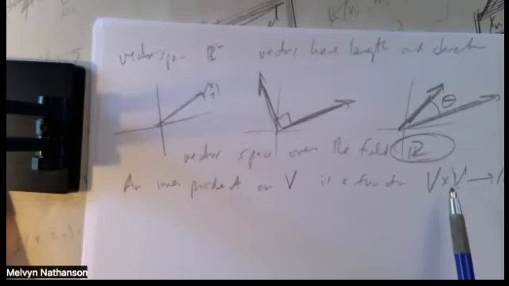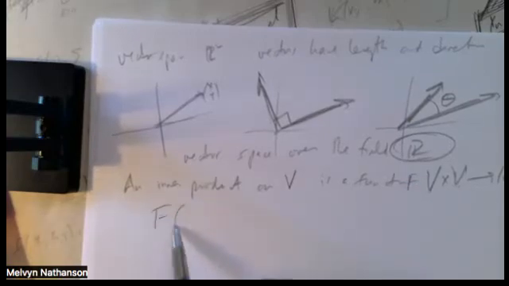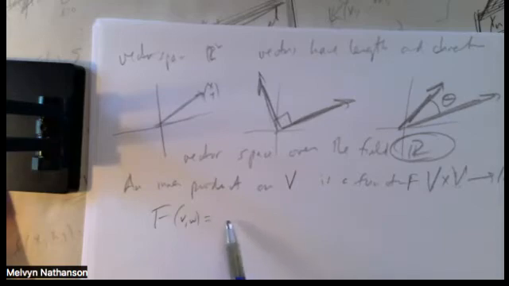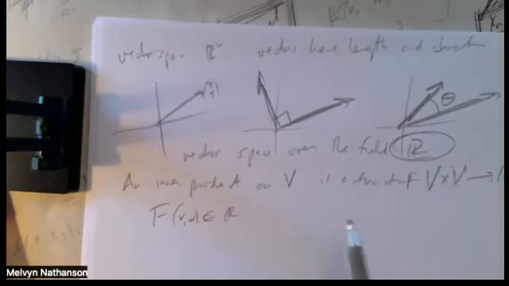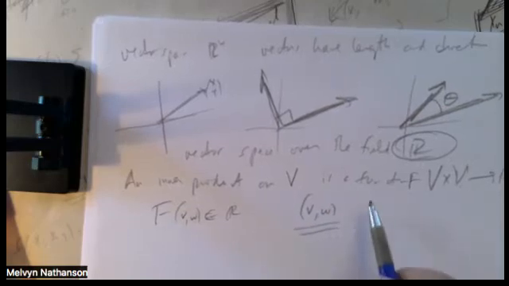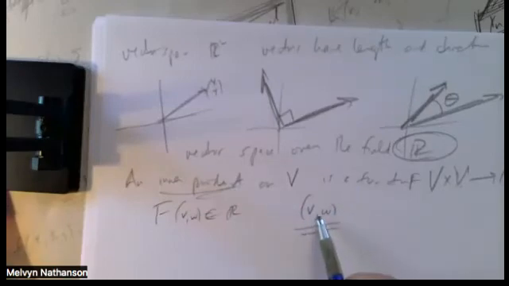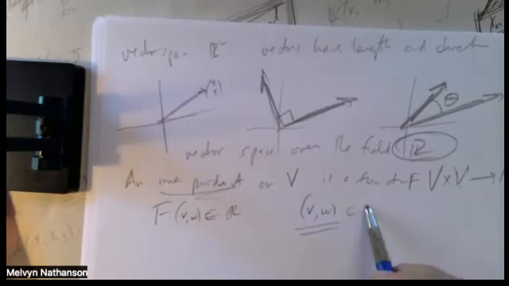So f of (v, w) is some number. And instead of using f to denote the function, it's traditional to just write v comma w. This is going to be our notation for the inner product of two vectors. So given any pair of vectors v and w, this function assigns some real number.